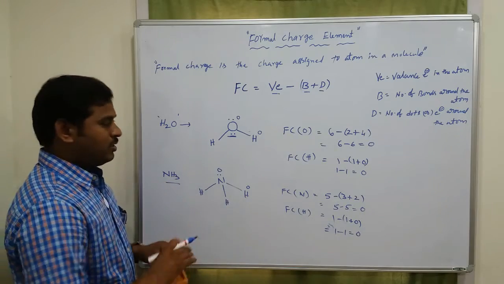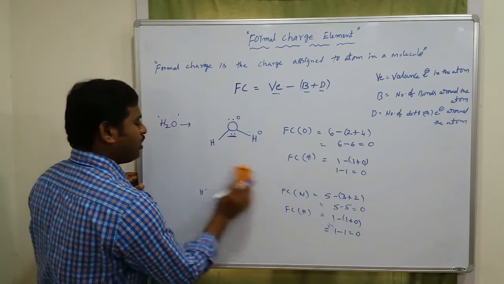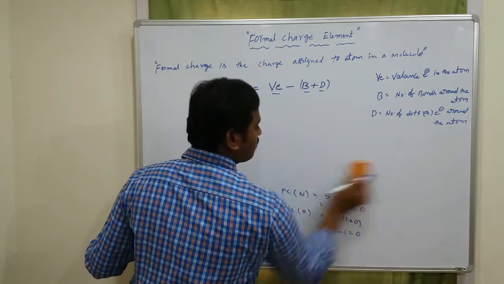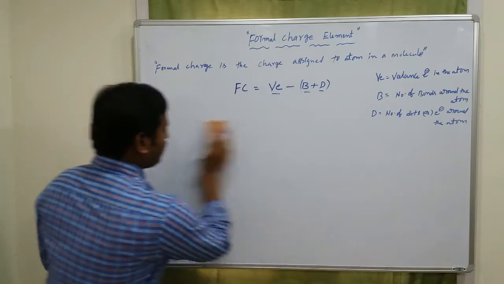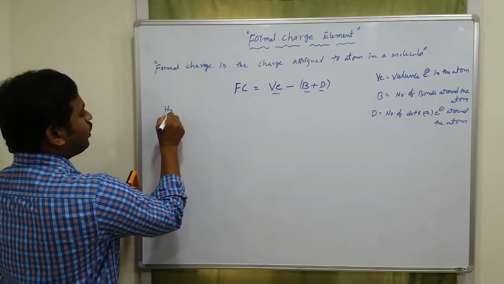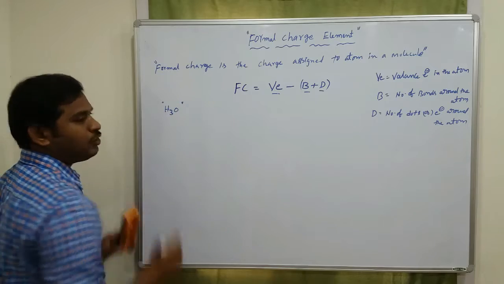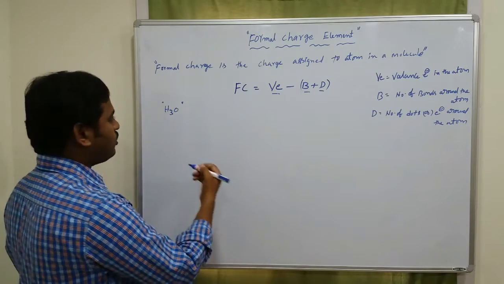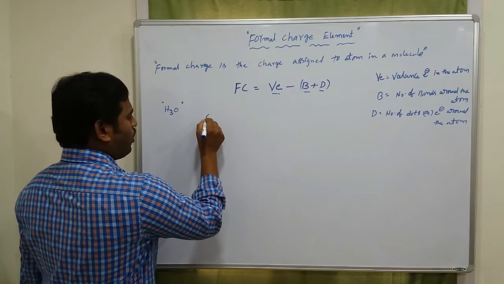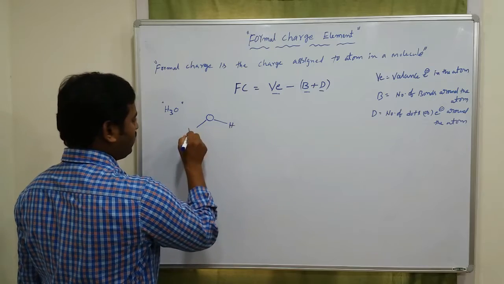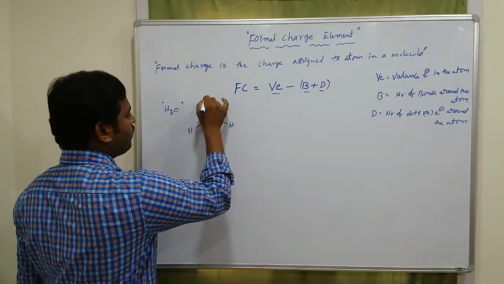Now let us see a different molecule which is very important. See the H3O molecule, it is very important. What is the formal charge on the oxygen as well as hydrogen, I can explain. According to the Lewis structure, it is the H3O structure.